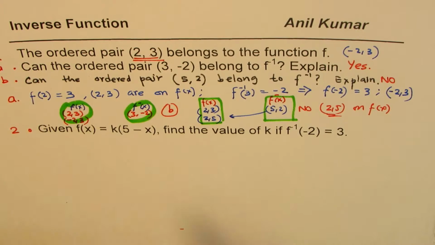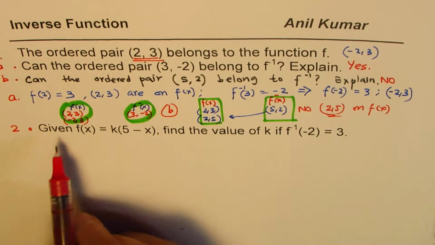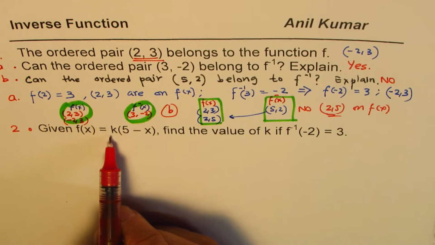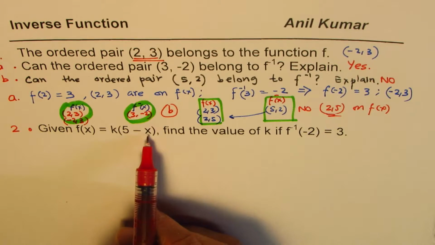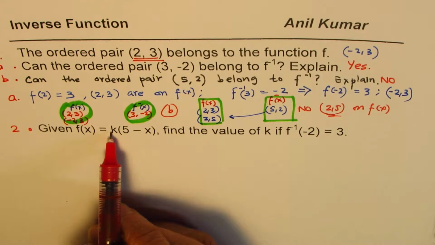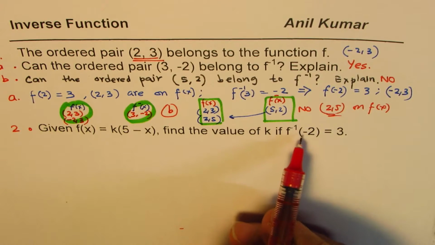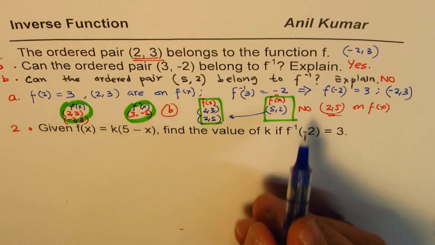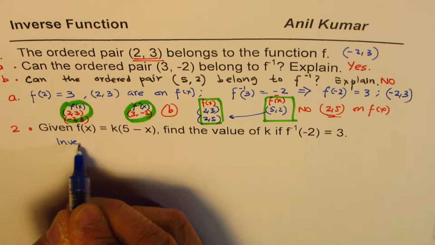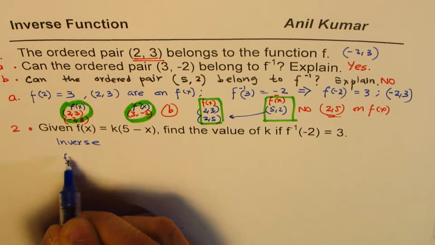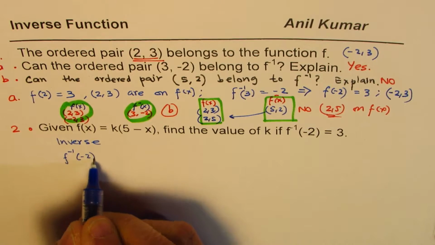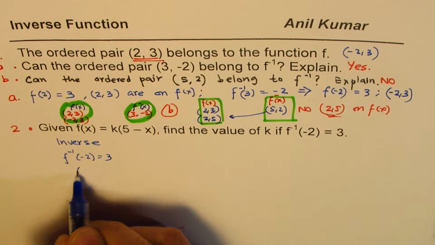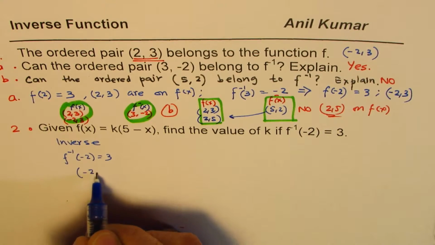Now let's move on to question number 2. It says, given f(x) = k(5 - x), find the value of k if f inverse of -2 equals 3. So let's look into this. If on the inverse function f inverse of -2 is equal to 3, that means the coordinate point here is (-2, 3).